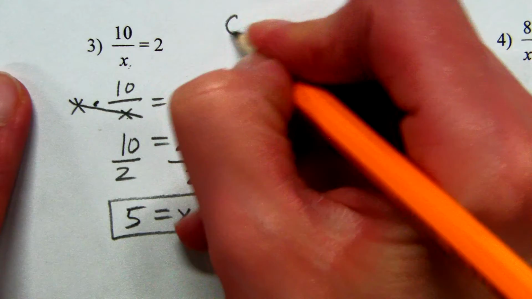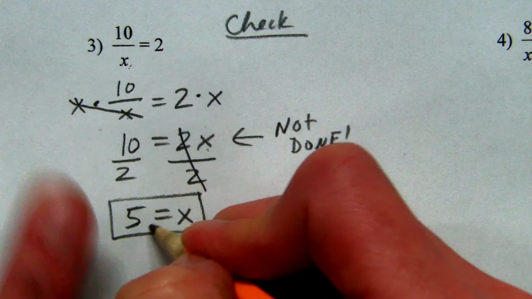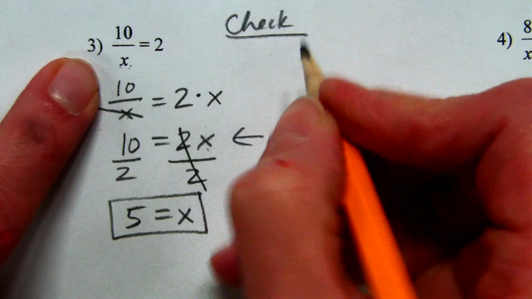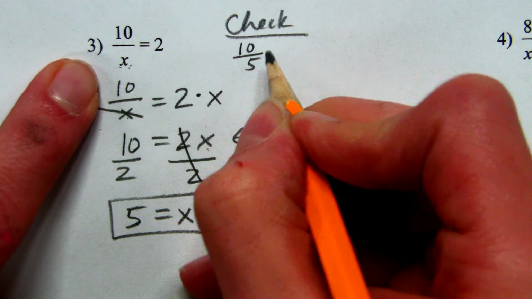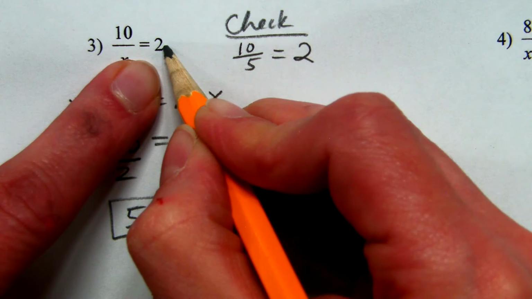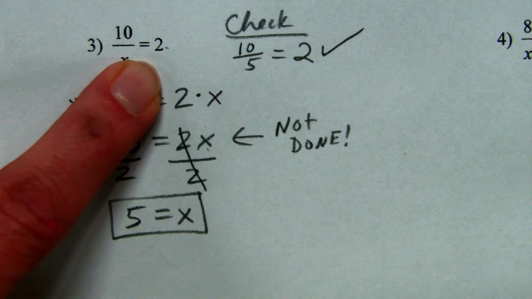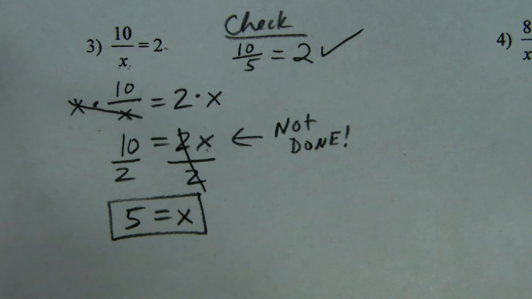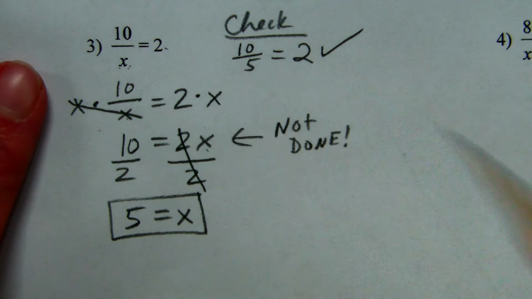And again, you can check your answers by putting the 5 back in where the x was. So I would have 10 divided by 5, and what is that? Well, that's 2. That's what I wanted, so I must have done it correctly. You can always, always, always check these when you get done and just make sure that it works.